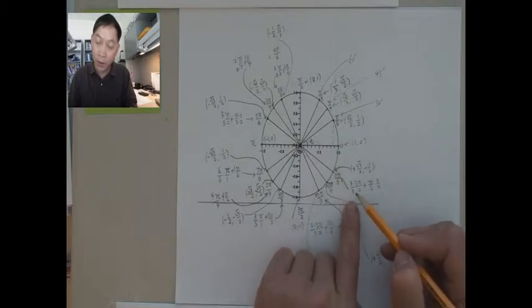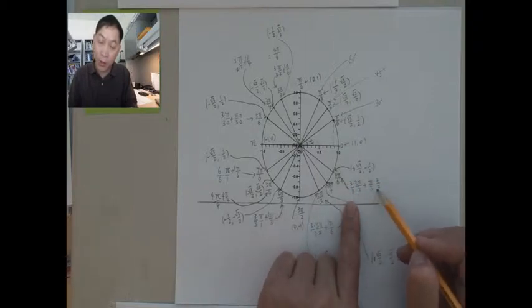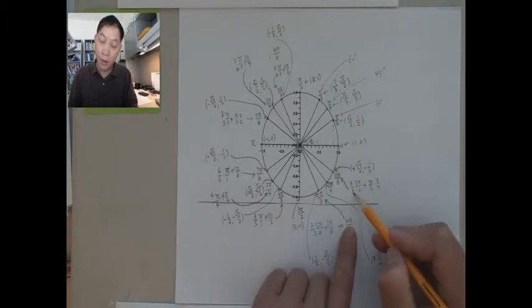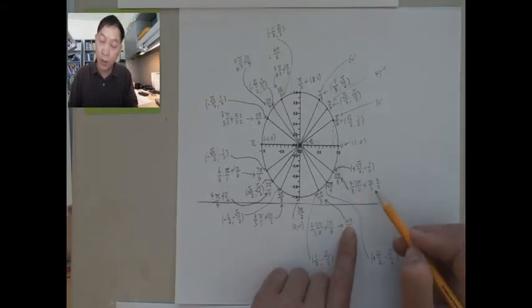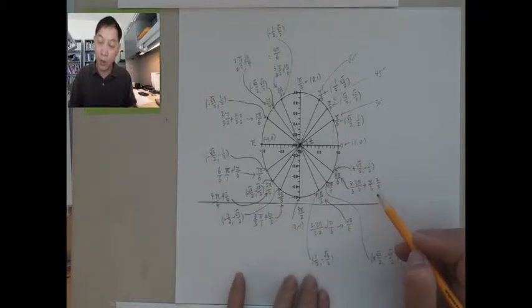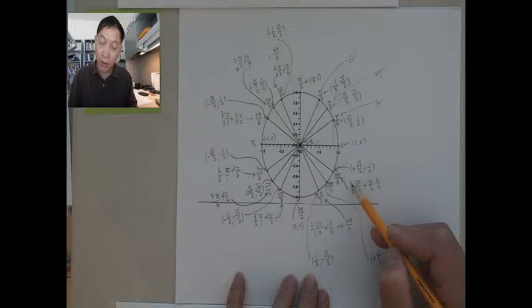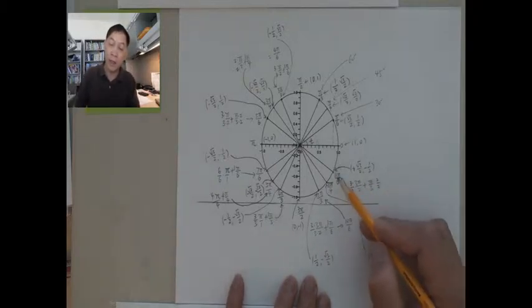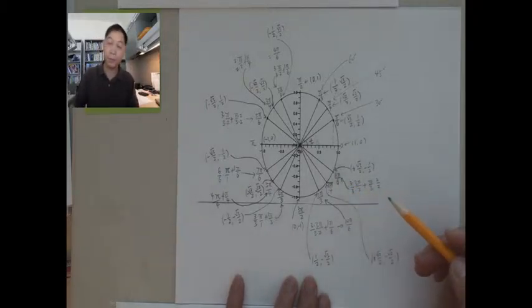You want the same denominator. So multiply this one by 3 on both numerator and denominator, and this one by 2 on both. Then you have 9 plus 2, which is 11. 11 pi over 6.